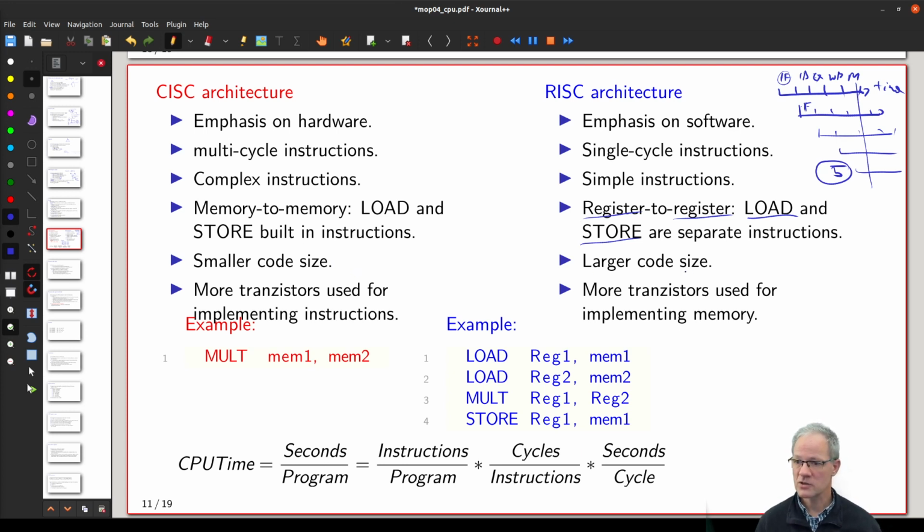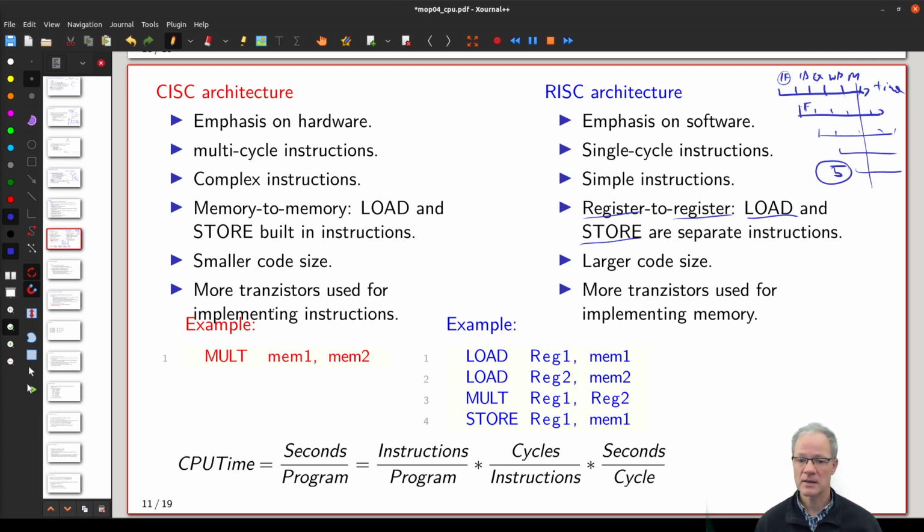We're going to need more instructions for the RISC architecture. But the advantage for RISC is that because we have smaller instructions, we're going to use more transistors for the memory, and we can have more memory on board, more cache memory, more fast memory, which again makes that processor faster.